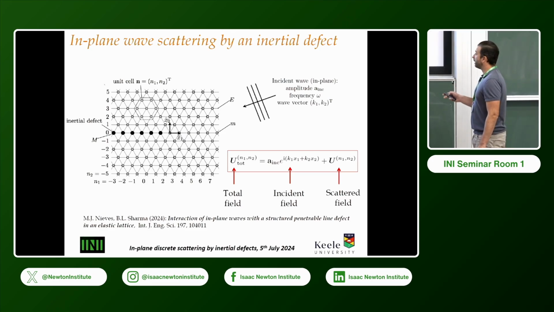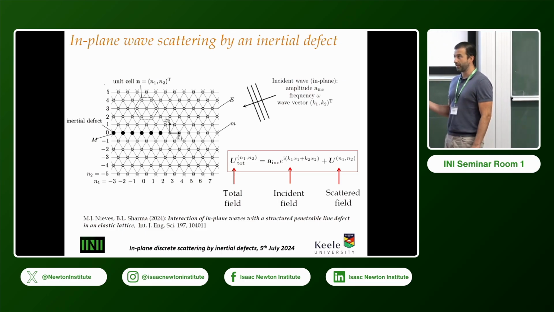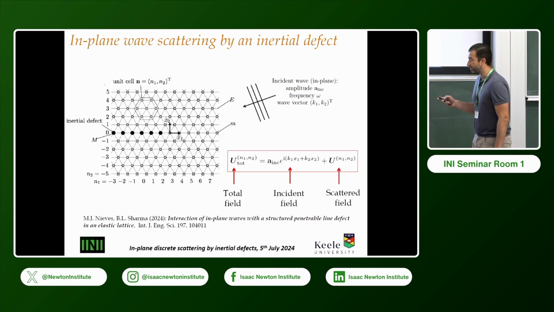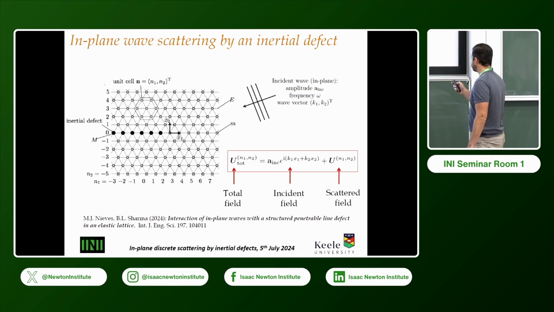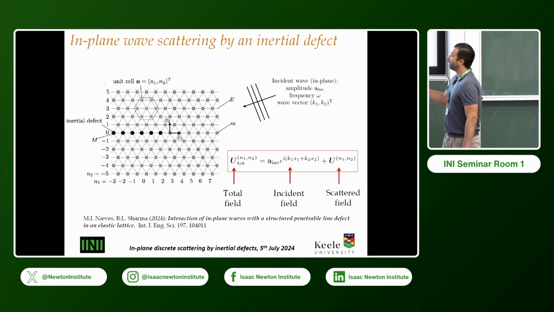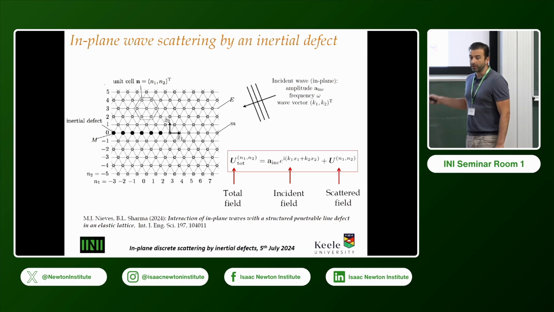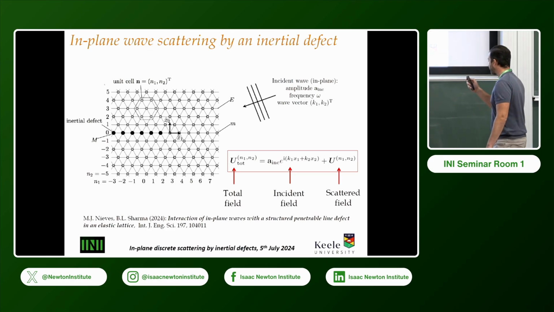It's written as an incident field, where you'll notice the time harmonic factor e to the minus i omega t suppressed, plus a scattered field, so this is the amplitude of the scattered field. And we're going to write the problem for the scattered field and show how this can be reduced to a Wiener-Hopf equation along the line of the defected row.